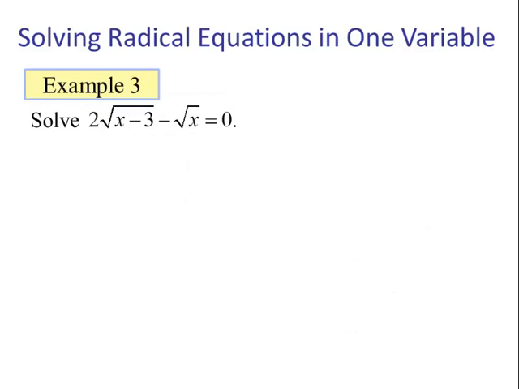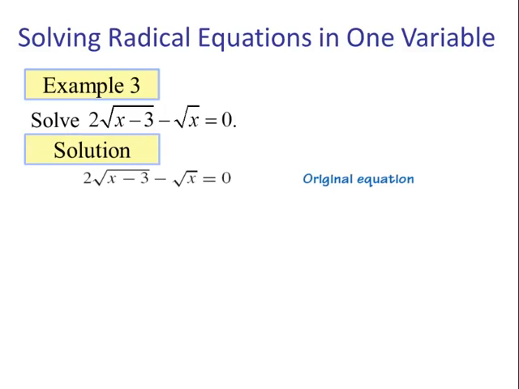Example 3. Solve 2 times the square root of x minus 3, minus the square root of x equals 0. Solution. Our first step is again to isolate the radical. So if we add square root of x to both sides, we have 2 times the square root of x minus 3 equals the square root of x.